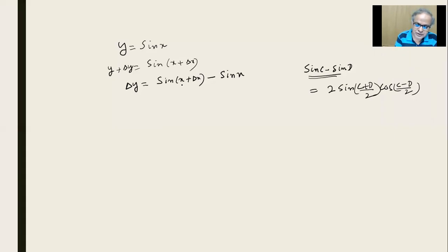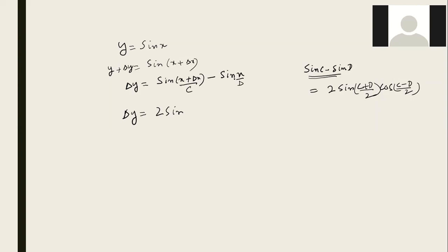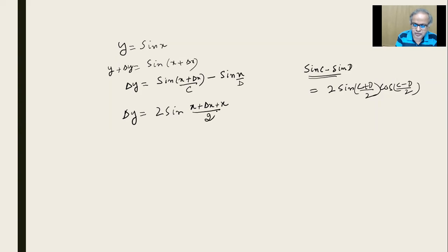Now, this is my C and this is my D. I'll just write delta y equals what? 2 sine of C plus D by 2, that means x plus delta x plus x by 2, cos of x plus delta x minus x by 2. Do you agree?